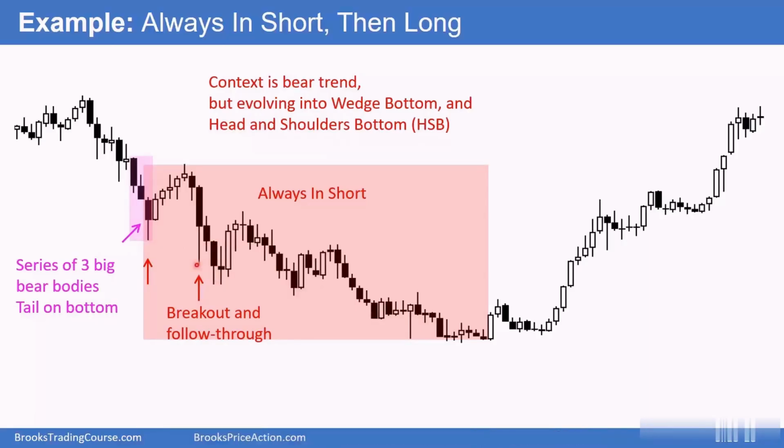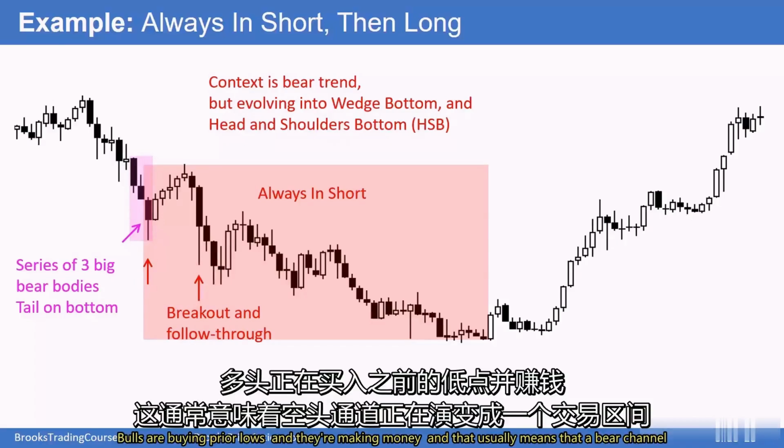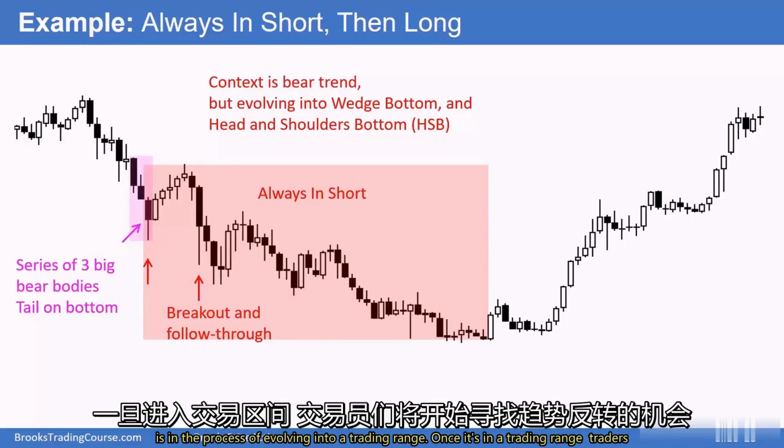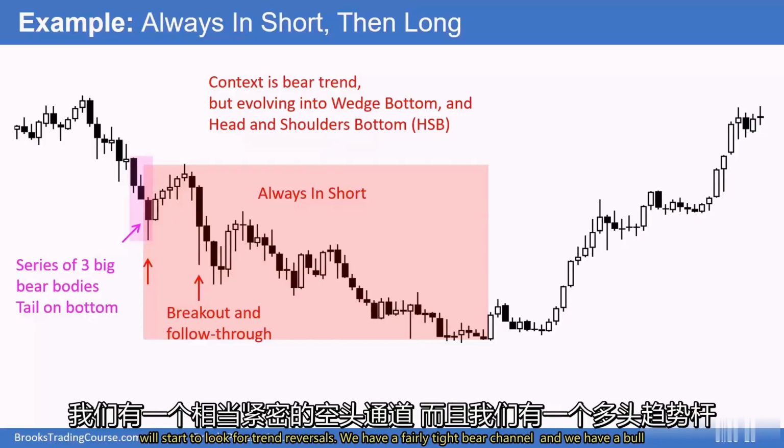Another breakout, a close just around the breakout point instead of far below. Bulls are buying prior lows and they're making money. And that usually means that a bear channel is in the process of evolving into a trading range. And once it's in a trading range, traders will start to look for trend reversals.